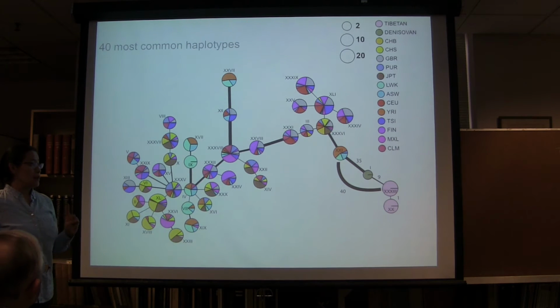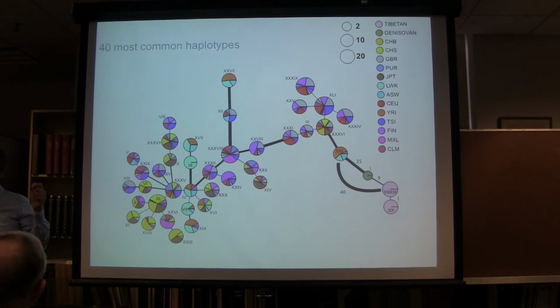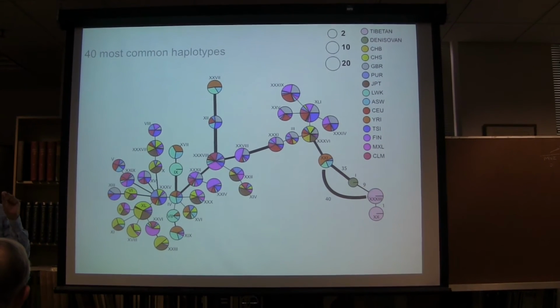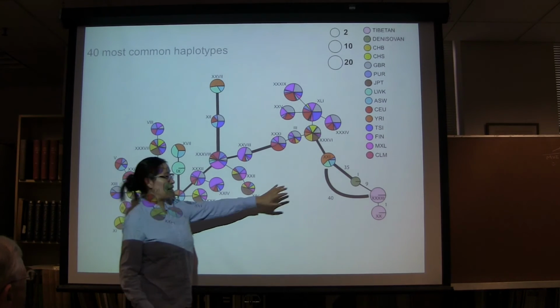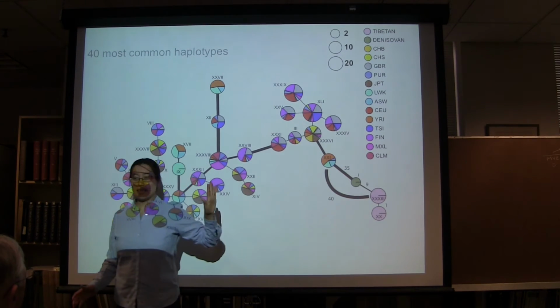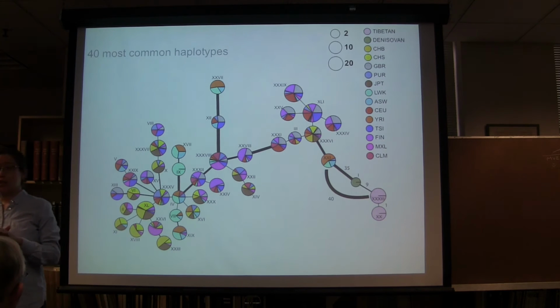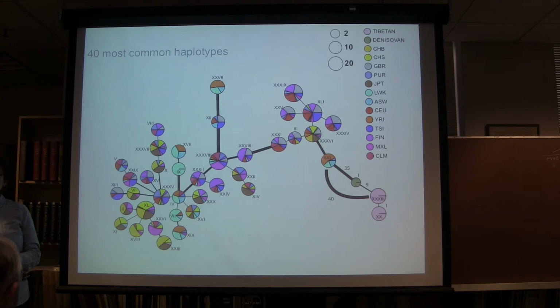But what's interesting is that the next closest modern human haplotype to the Denisovan haplotype is 35 mutations. There's 35 mutations in which they differ. So in fact, all the other modern human haplotypes are further from the Tibetan haplotype than the Denisovan haplotype is.